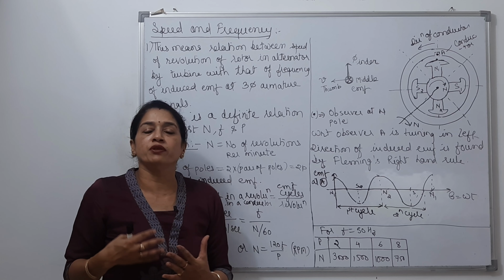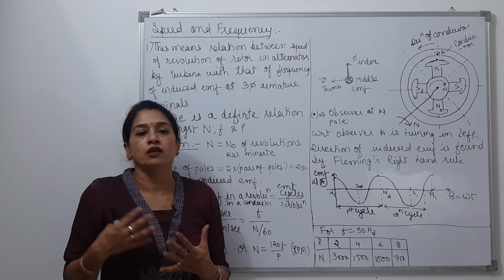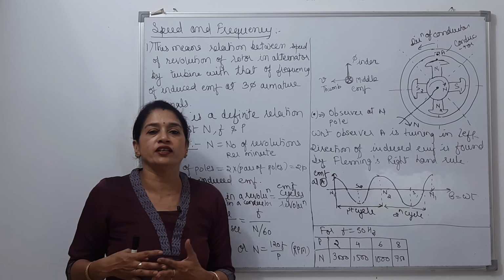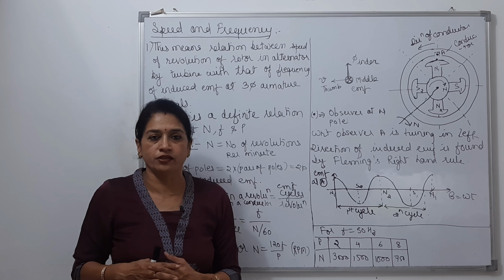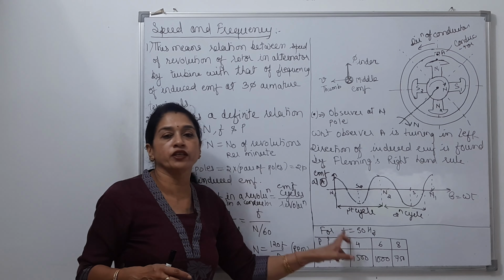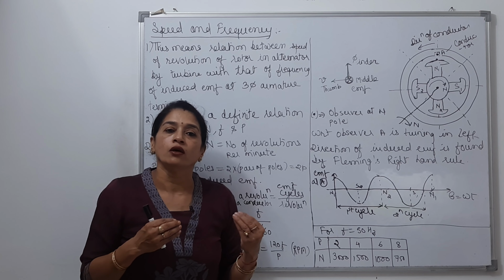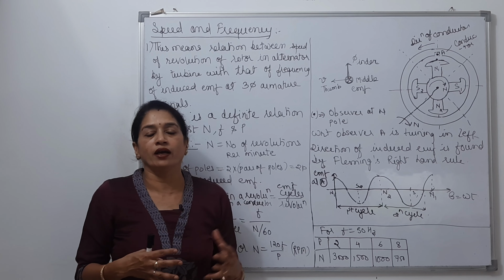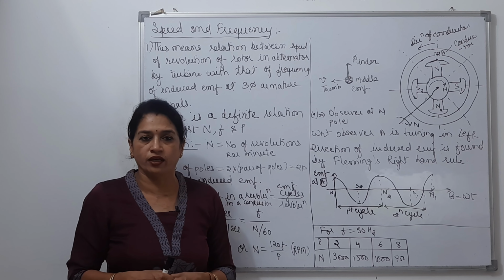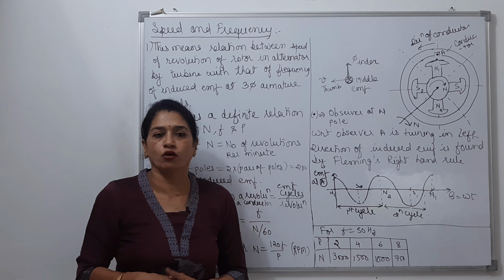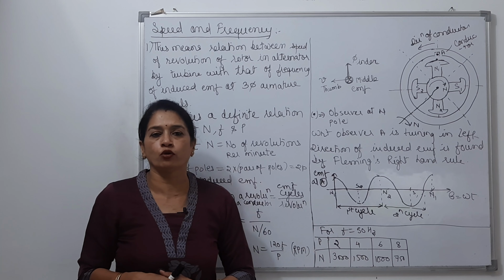If we want high speed alternators, because those alternators which are run by steam are always high speed alternators, there we will follow this particular combination. And the alternators which are rotated by water are always low speed alternators, so there we can follow either of these, or mostly a four-pole combination.